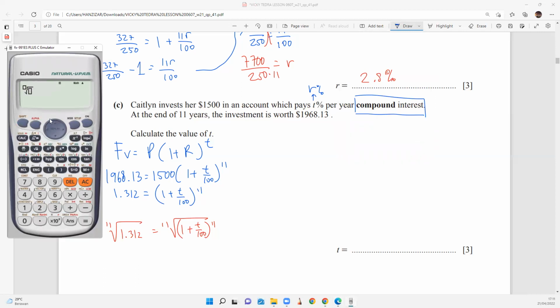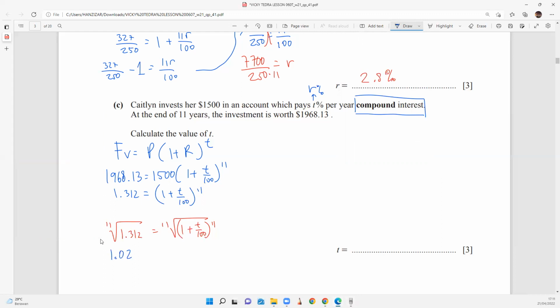The 11th root of 1.312, you get 1.025, right? 1.025 equals 1 plus t over 100. So you can annihilate the power right now. And then you move the 1 to the left, so it's easy. 0.025 equals t over 100, and you get t as 2.5%.